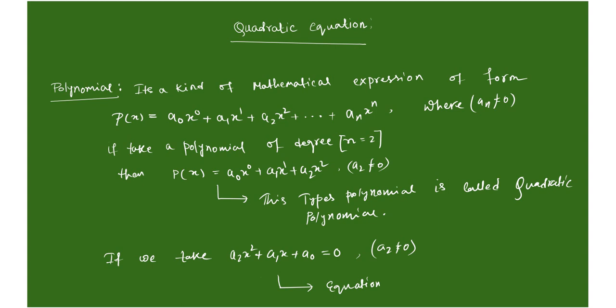An equation may or may not have a solution, depending on the field. This type of equation is called a quadratic equation, because the maximum degree of the variable is 2, right?